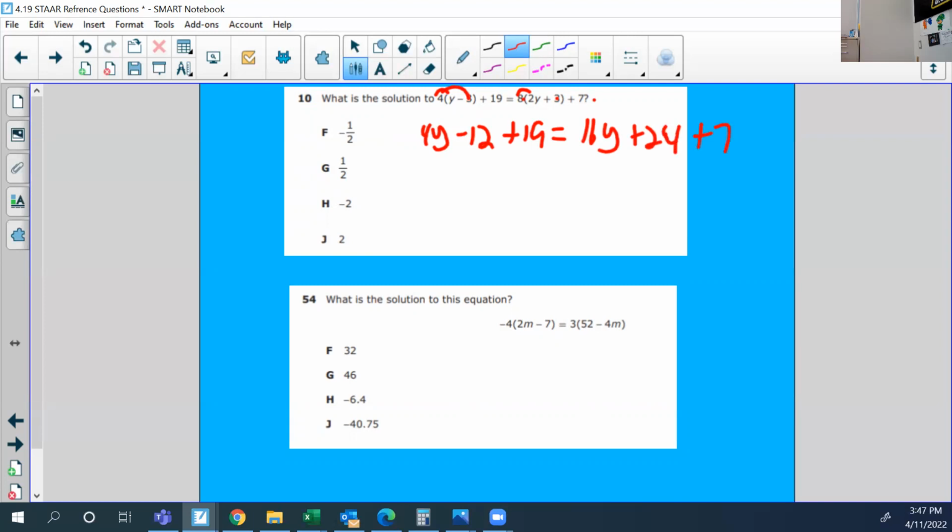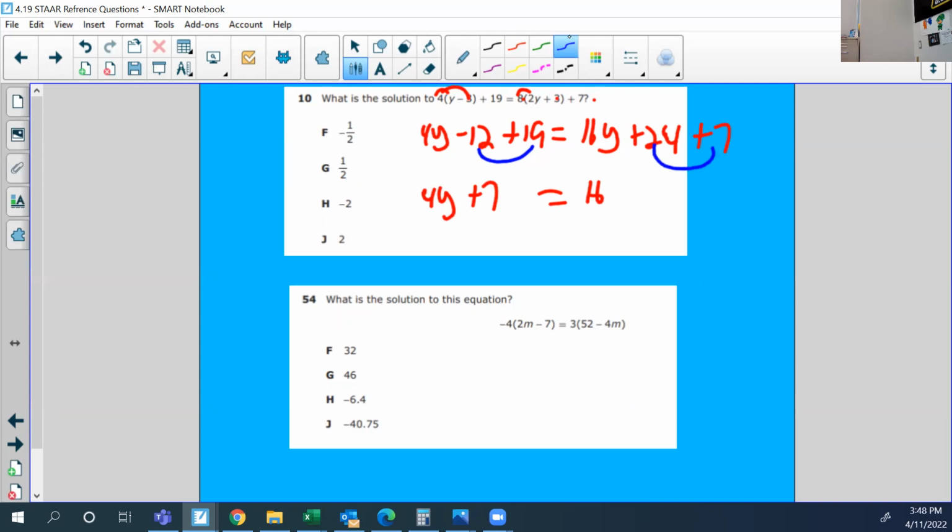Okay, and let's combine like terms. My like terms here are negative 12 and 19. So when I do that, I'm going to get 4y plus 7, equal to 16y. On the right side, my like terms are 24 and 7.